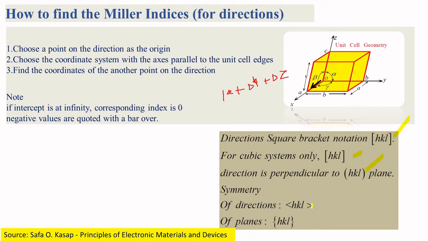For the family of directions, the angle bracket, and for the family of planes, the curly braces. Here we are doing the direction analysis, so you have a square bracket with the coefficients, 1 0 0. I just gave the example, right? So this is the procedure for any direction. These are the three steps you use to find the Miller indices for the direction.